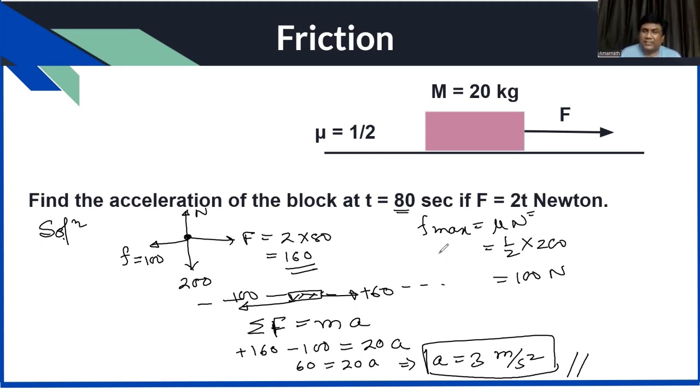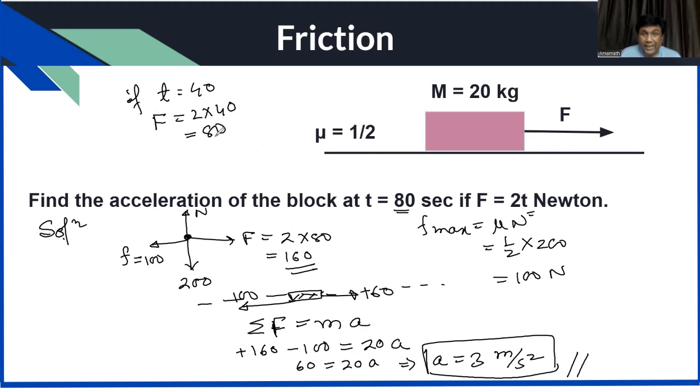Say if it is not 80, if it is 40, so what should be the answer? Can you suggest? Do you have any idea? If T is say 40, okay, then the applied force will be what? Applied force will be 2 into 40 only, no?